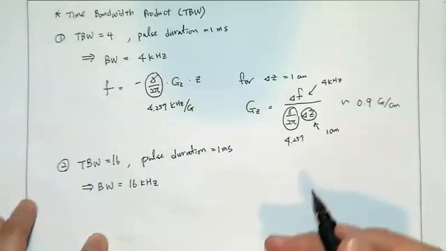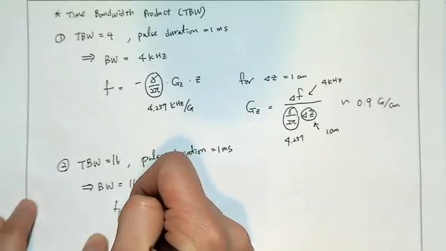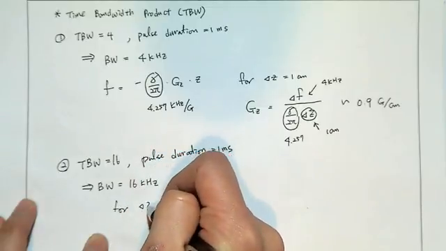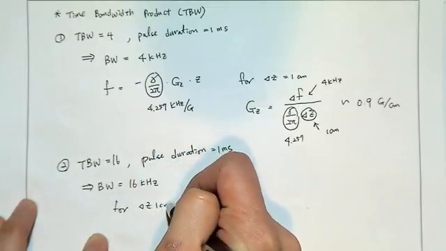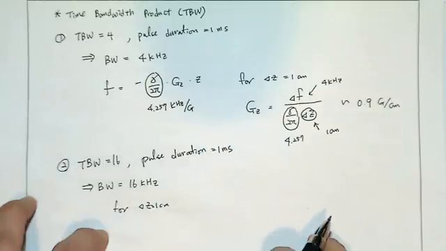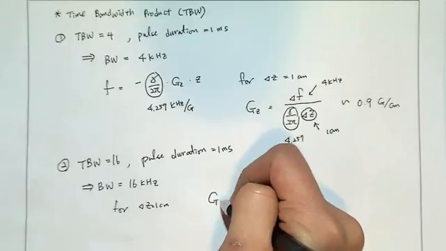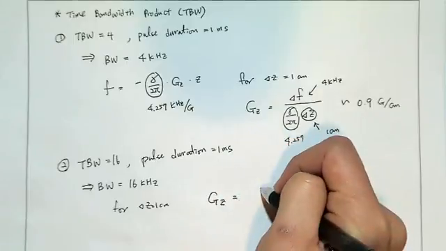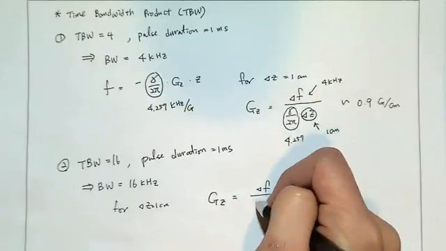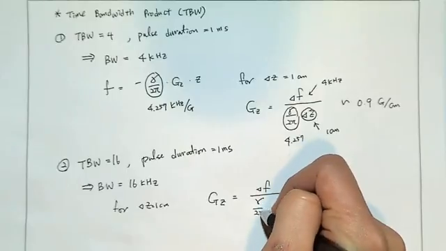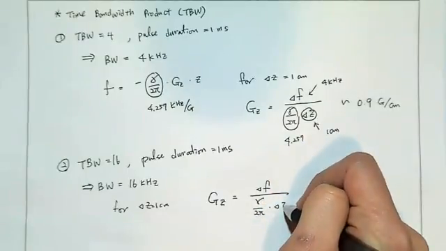And then if you want to have 1 centimeter slice thickness, then the gradient amplitude required is delta f over gamma over 2 pi times delta z.